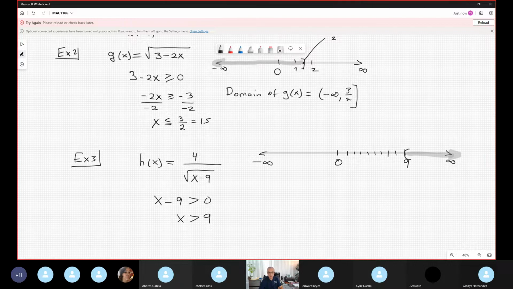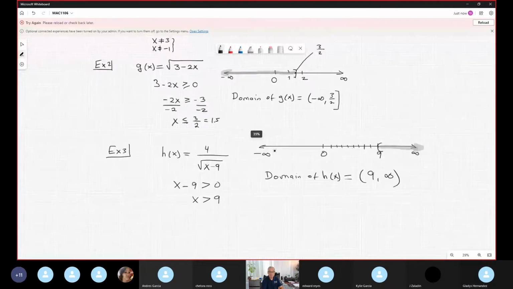No equal 9, not included. The domain of the h function is equal to parenthesis 9 comma infinity parenthesis. Cool? Yes. We have a lot of examples of this because I need to train you in this way. Okay.